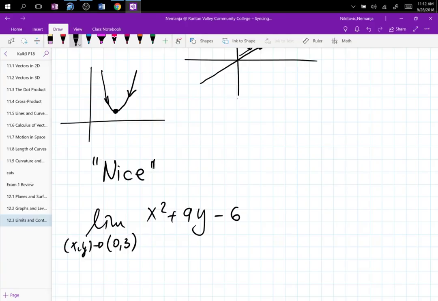No 0 in the denominator, no asymptotes to worry about or anything like that. Pre-calculus will do. So just plug in, we get our 0 squared plus 9 times 3 minus 6, that's 21, and 1, right? Technically, we calculated the z value, and we know that that's what the limit actually gives us. In Calc 1, it gives us the y. In Calc 3, it gives us the z.